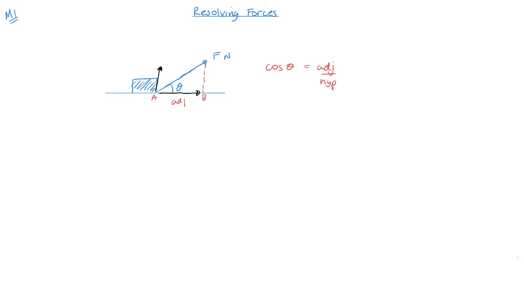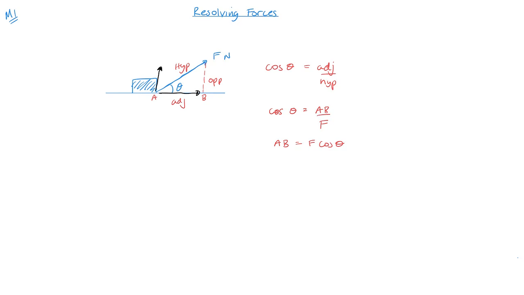So this is the adjacent, the opposite, and the hypotenuse. So cos theta is AB over that force, capital F. So AB is F cos theta. Okay, so that gives me that horizontal component.